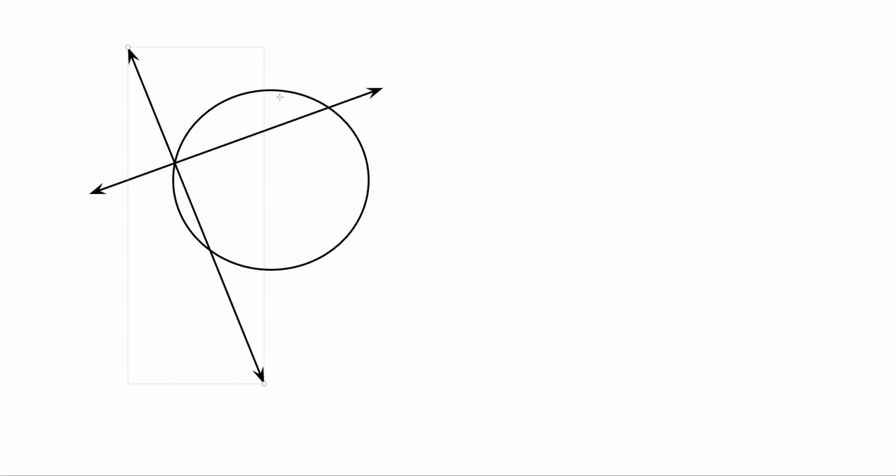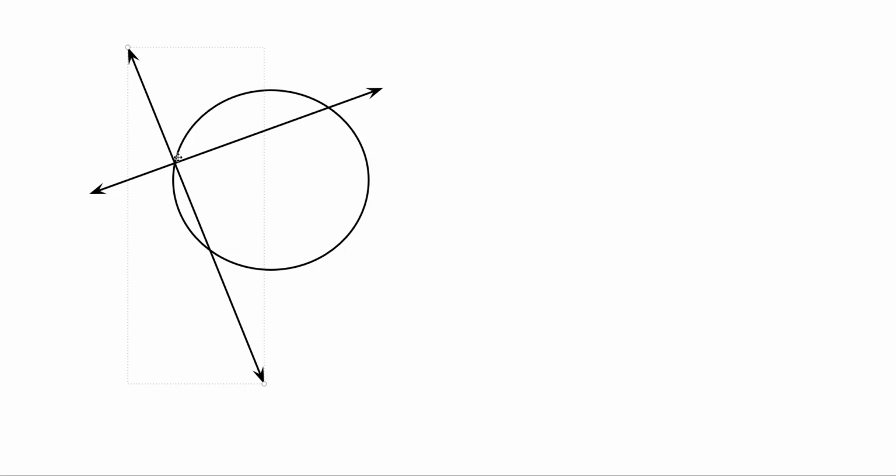So I'm going to say that two lines intersect my circle. There's one line, and then I'm going to make another one. Okay, so now I have two different lines that intersect my circle, right? And they're not parallel.